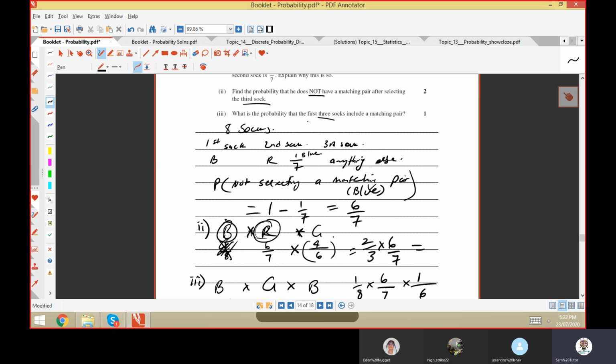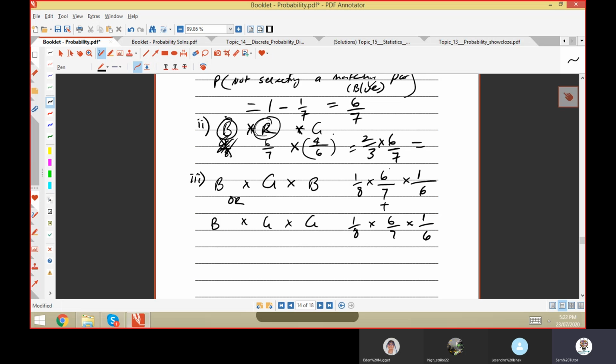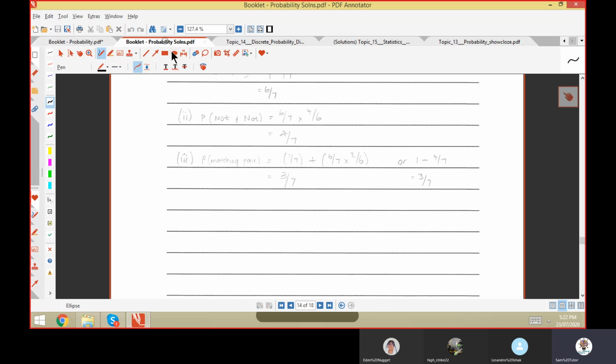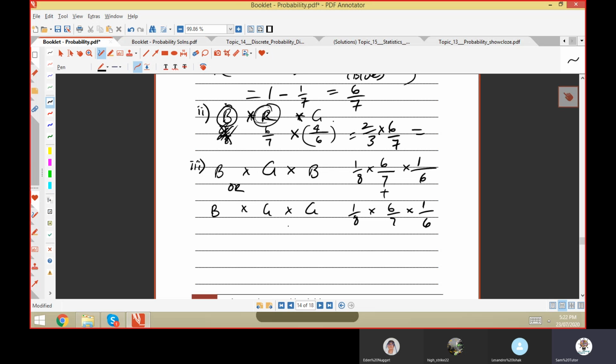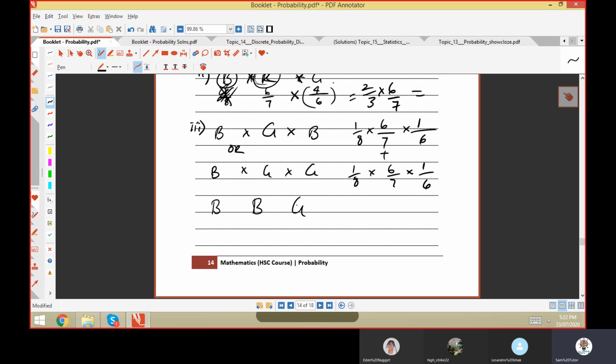Let me think of it again. What is the probability that the first 3 socks include a matching pair? Where are you guys getting that 1 out of 7 from? First 3 socks. Did they seriously do blue, blue, green? Let's have a look. What is this?